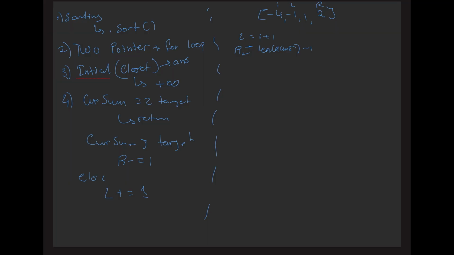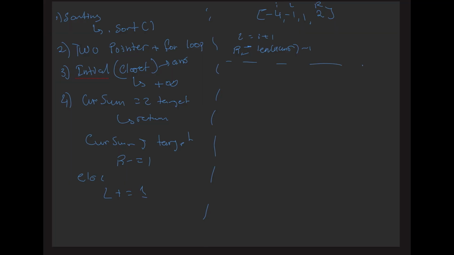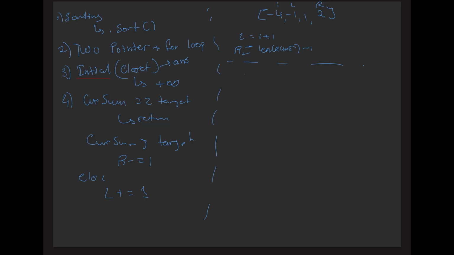And as long as we are iterating through the for loop, we calculate the current sum, which in this case will be -4 plus -1 plus 2, which equals -3. And then we check, hey, we're going to take the absolute value, because we care about distance.